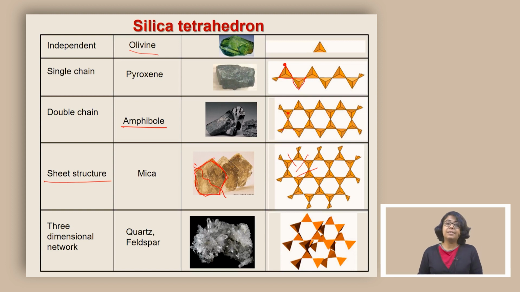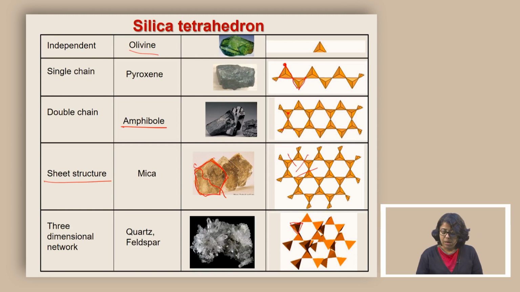One of the most stable structures on the crust of the earth is quartz and feldspar structure, which corresponds to the 3-dimensional network, which basically means that if you can imagine a silica tetrahedra, on all the sides the silica tetrahedra are balanced by each other, creating an extremely hard and stable form of a mineral.